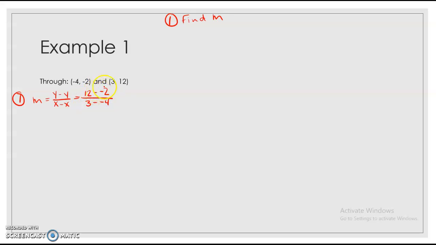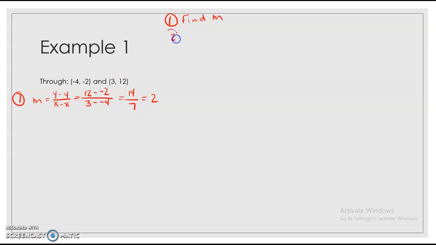When we have minus and negative, we're going to do keep, change, change. So we're going to do 12 plus 2, which is 14. And then keep, change, change, so we end up with 3 plus positive 4. So 3 plus 4 is 7. Then I'm going to simplify this. 14 divided by 7 equals 2. So right now I know that the slope is 2.